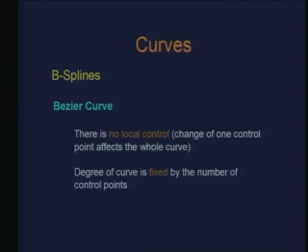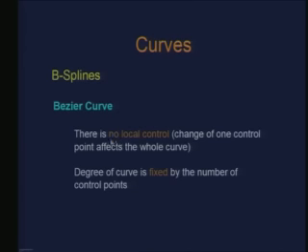So, now we have covered most of the aspects of Bezier curves. This is just to motivate to do something else, understanding the limitation of the Bezier curve. If we look at Bezier curves, what we figure out is that the local control is limited.